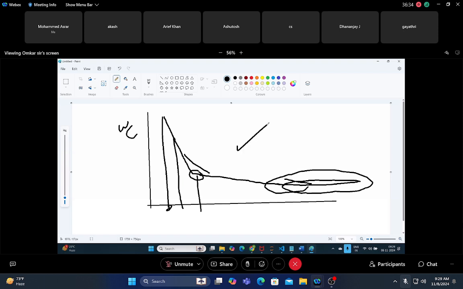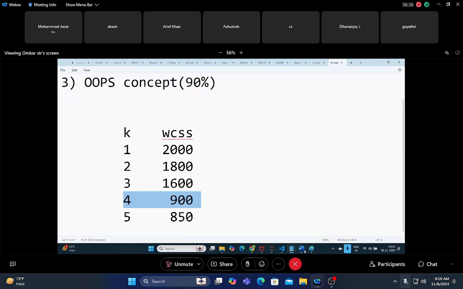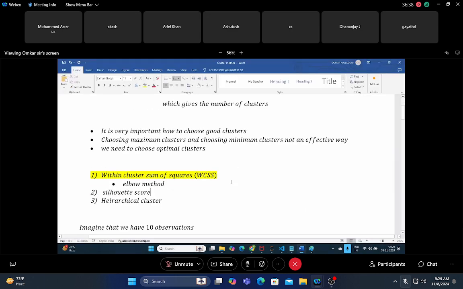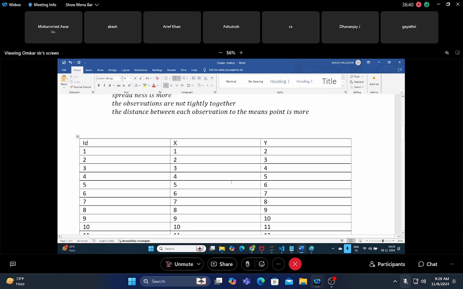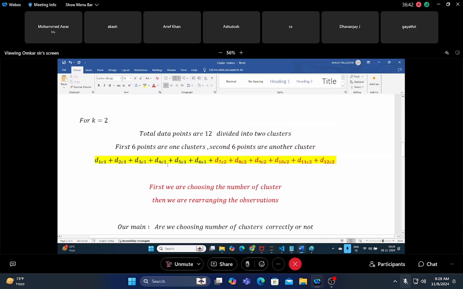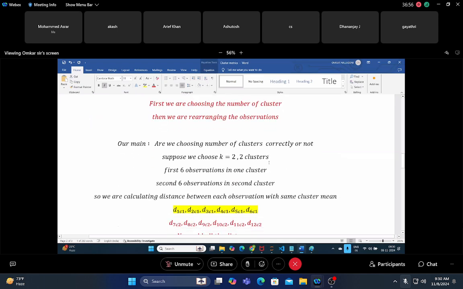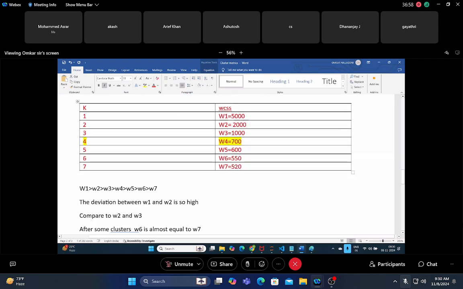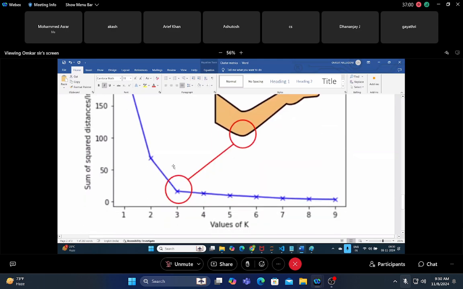We'll do that now, but this is the idea. Suppose you take K equal to 2 clusters, then for cluster 1 points and cluster 2 points, you add all the distances. You get WCSS 1, WCSS 2 values like this, and you will get the elbow like this.